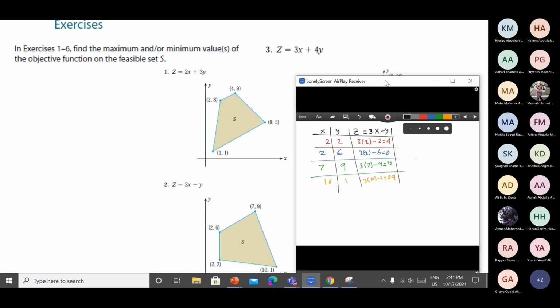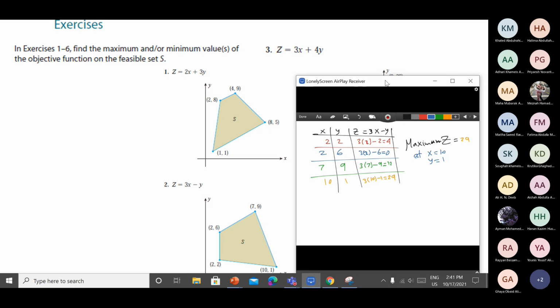Now, the maximum z equal to what? 29? Yes, at x equal to 10 and y equal to 1.